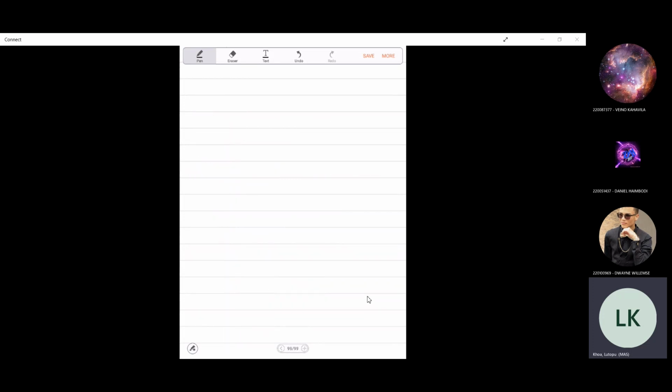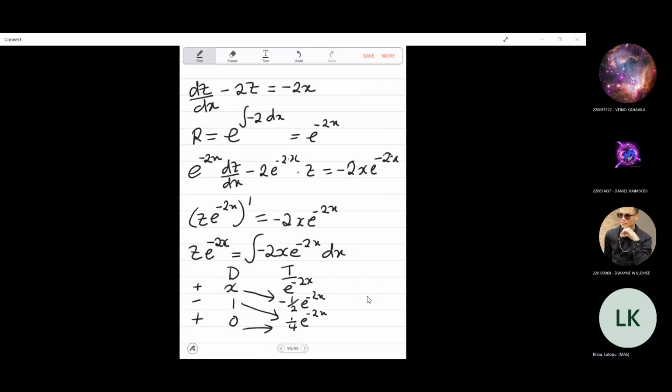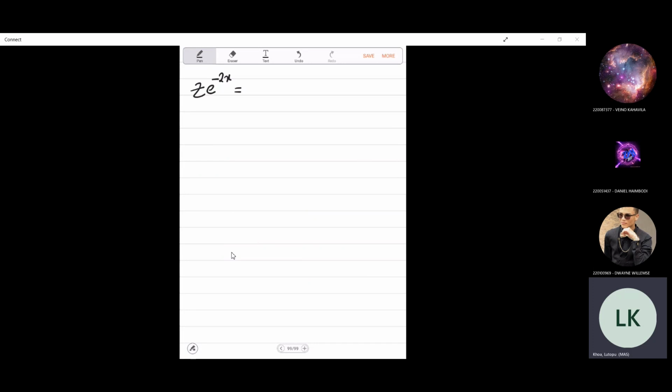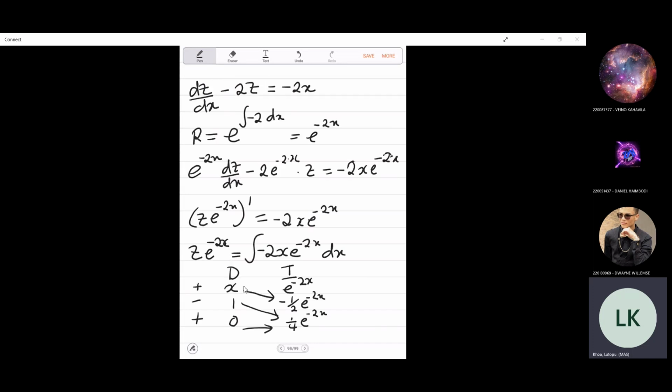So we have z times e^(-2x). This is equal to, remember this negative 2 here, we took it out. So we have negative 2, and then our first term, we said it's x times this.